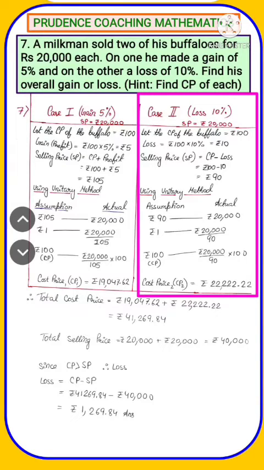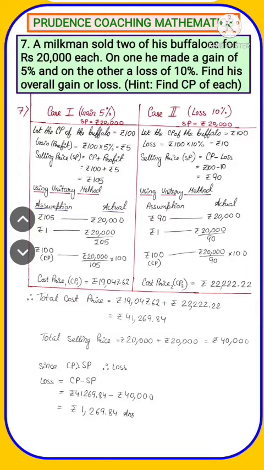Here, as you can see, we have assumed the cost price of the buffalo to be 100. Now here we have a loss, that is 10%. So rupees 100 into 10%, you are getting rupees 10 as your loss. Now as it is a loss, therefore selling price will be cost price minus loss. So cost price was 100, 100 minus loss, you are getting here 90.